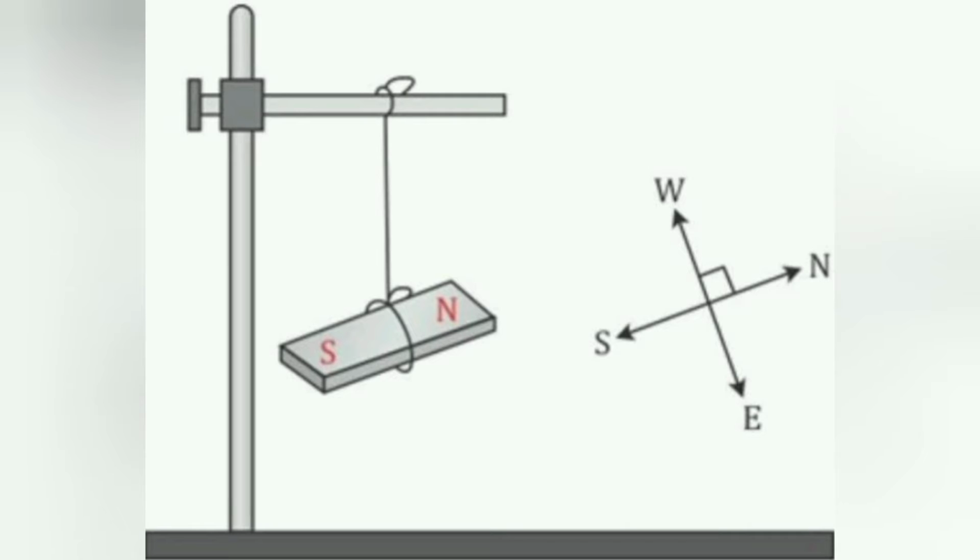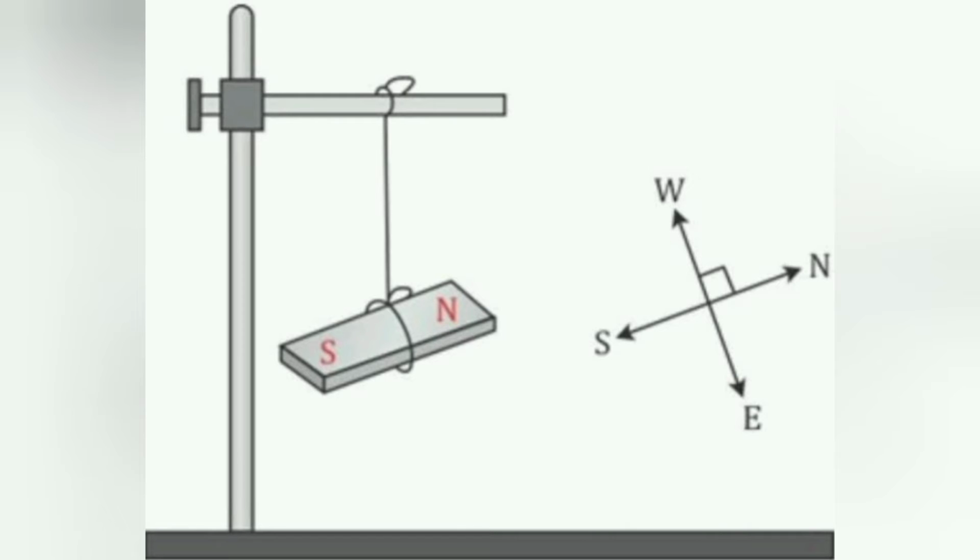If we talk of a freely suspended bar magnet, as shown in the figure, the bar magnet will point in the north-south direction. The direction can be confirmed with the help of a compass, because when a compass is freely kept, the compass will point in the north-south direction.